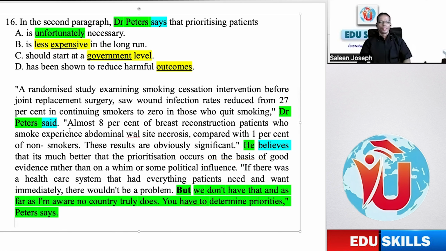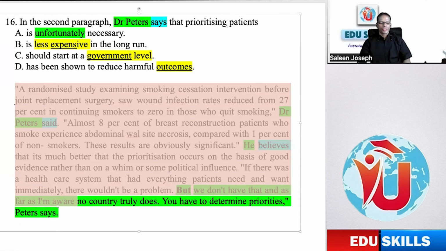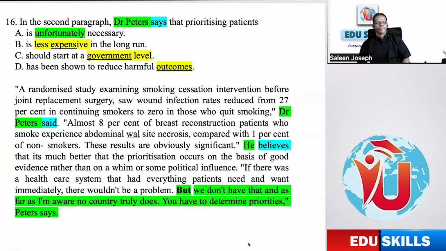Listen once again to just the paragraph text portion of it. Okay, listen carefully. A randomized study examining smoking cessation intervention before joint replacement surgery saw wound infection rates reduced from 27% in continuing smokers to 0 in those who quit smoking, Dr. Peters said. Almost 8% of breast reconstruction patients who smoke experience abdominal wall site necrosis, compared with 1% of non-smokers.